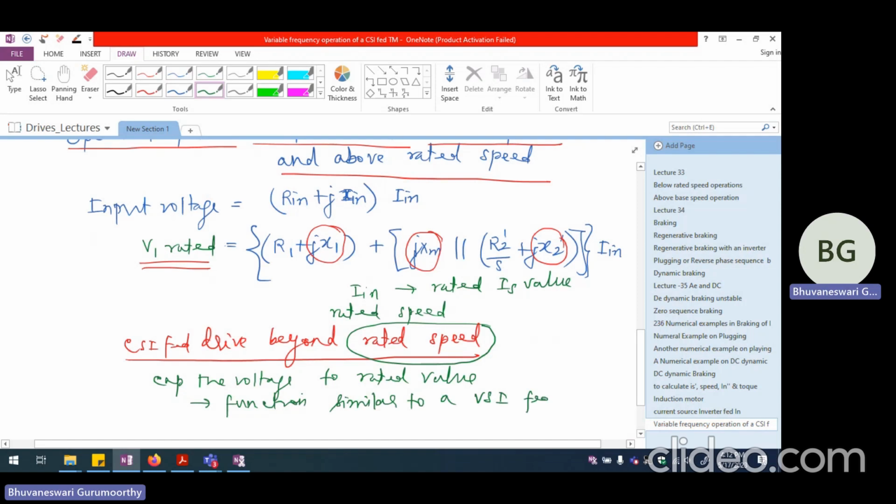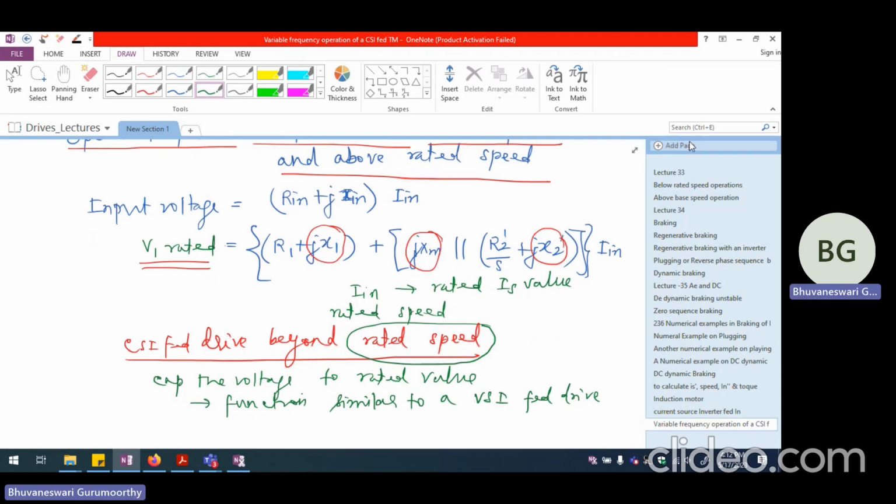It's not going to be any different. So generally CSI fed drives are operated at lower speeds, for obtaining variable speed from 0 speed to rated speed condition.